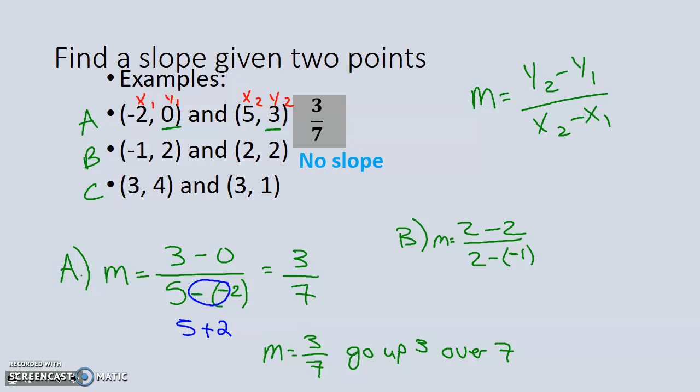So I end up with 0 over 3. Make sure you see how I got that 3. That's another one of those 2 negatives that cancel out into a positive. Well, 0 divided by anything gives me what? 0. So in other words, no slope. You could say no slope or m is equal to 0. Either way. Where in real life might you find a 0 slope or no slope?